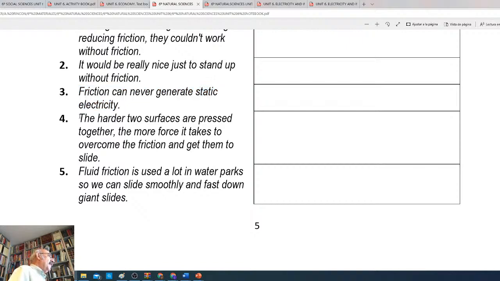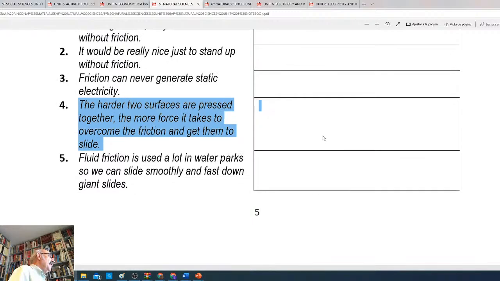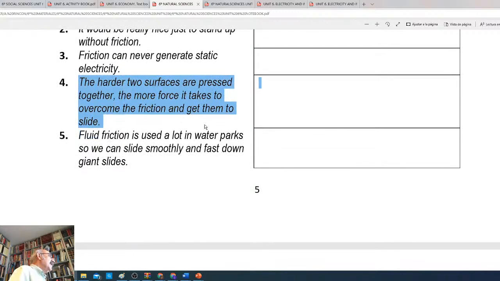So number 4: the harder two surfaces are pressed together, the more force it takes to overcome the friction and get them to slide. What do you think about that? Is that true, according to you, Ramon?